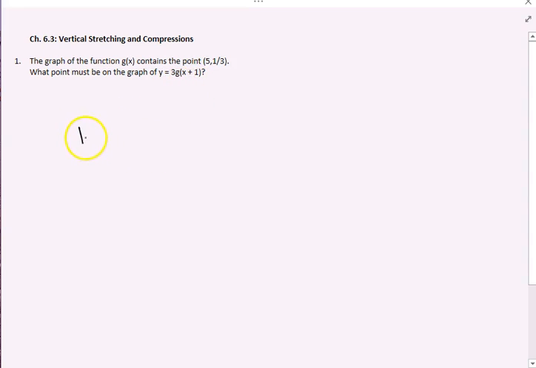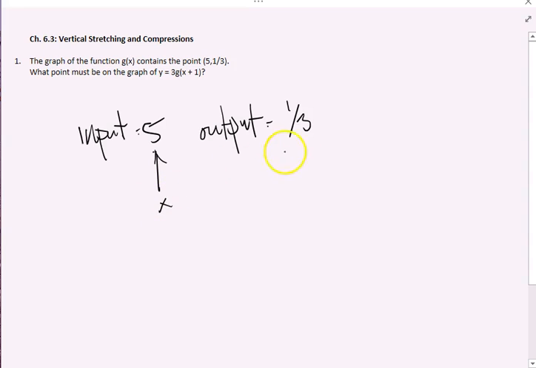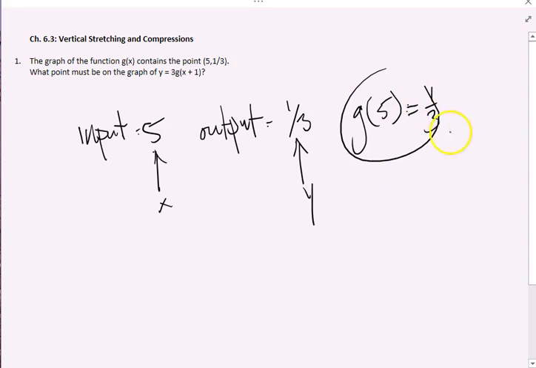So we have to remember that our input is 5 and our output is 1/3. So this is an x value and this is a y value. Basically, if I plug in 5, I get out 1/3. As far as our shifts go, anything that happens on the outside affects our outputs.